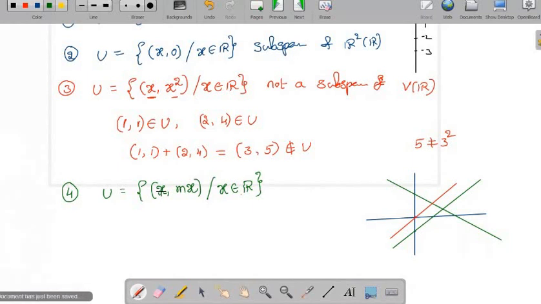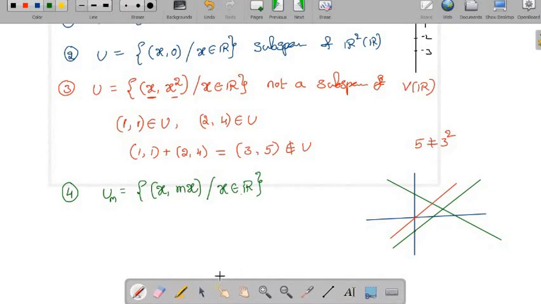Let me name it as U_m. m is a fixed quantity. You can take 1, 2, 3, 4, 0, anything. If I take 1, that represents (x, x), that is the line y equal to x. If I take m equal to 2, that represents the line y equal to 2x.